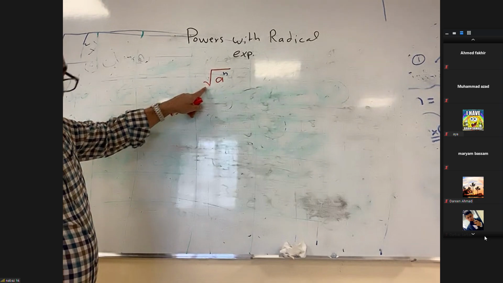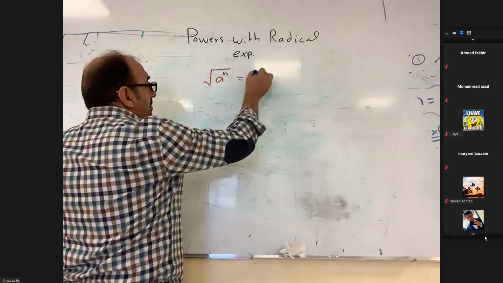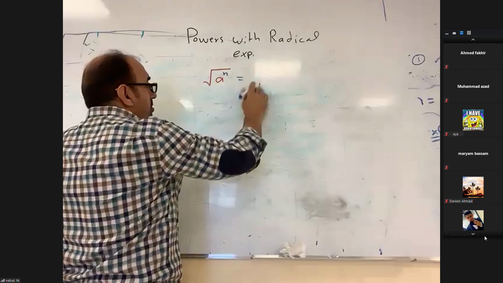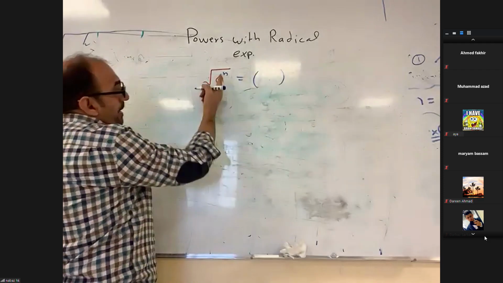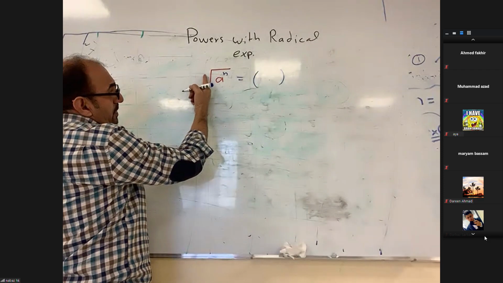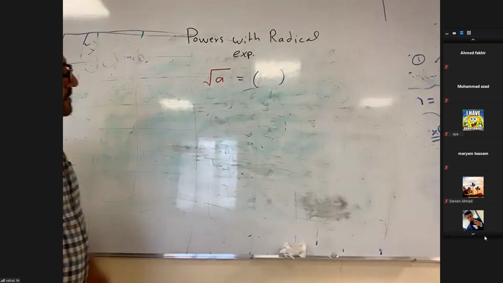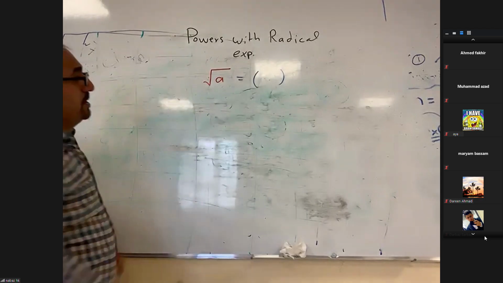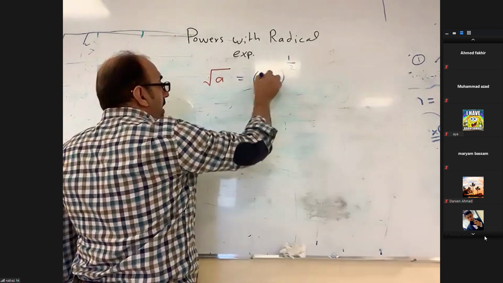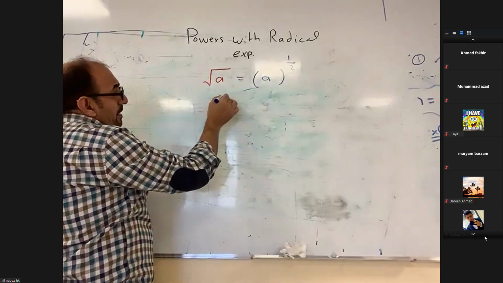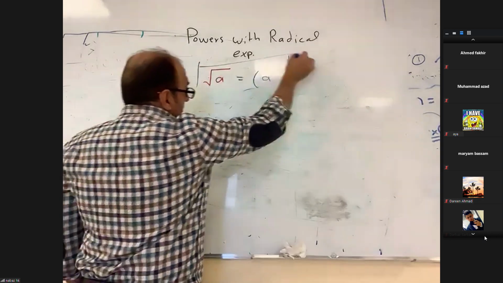It will be changed to the power n over 2. If there is nothing here, that means it is 1 over 2, so it will be 1 over 2 n. This is the rule.